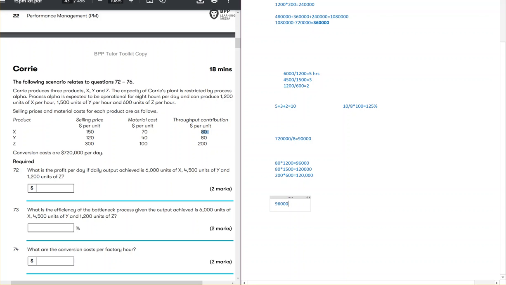So 96,000 divided by 80,000, 120,000 divided by 80,000, and 120,000 divided by 80,000. So we have throughput accounting ratios of 1.20, 1.50, and 1.50.